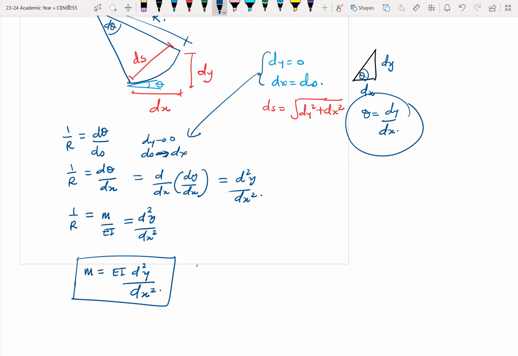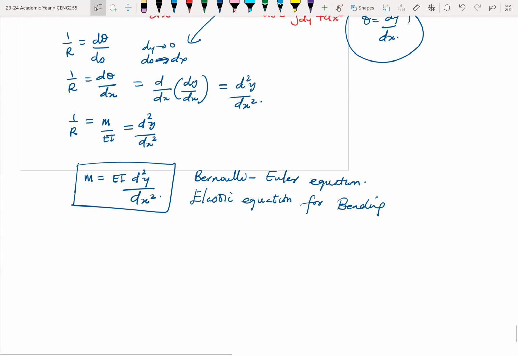This equation here is what we'll call the Bernoulli Euler equation, or some will say the elastic equation for bending. And this is a second order differential equation.